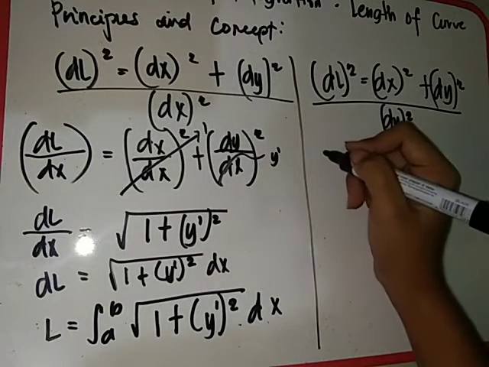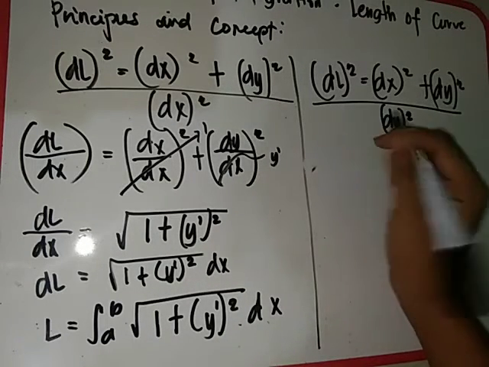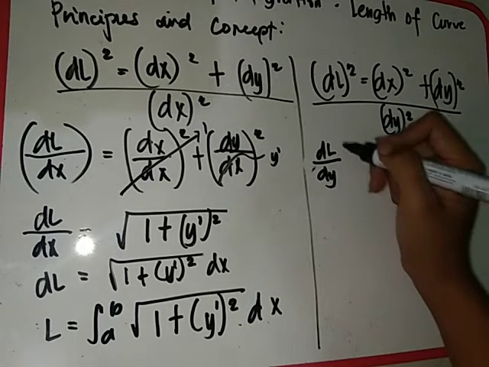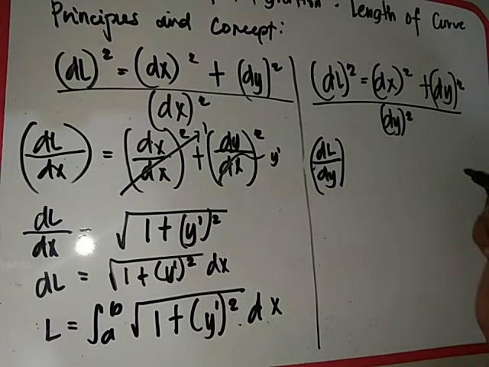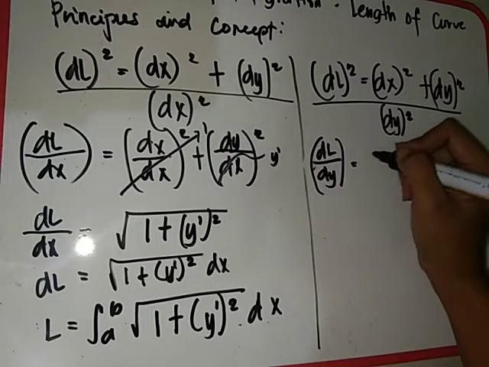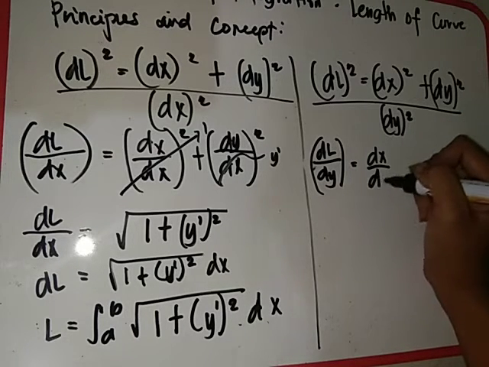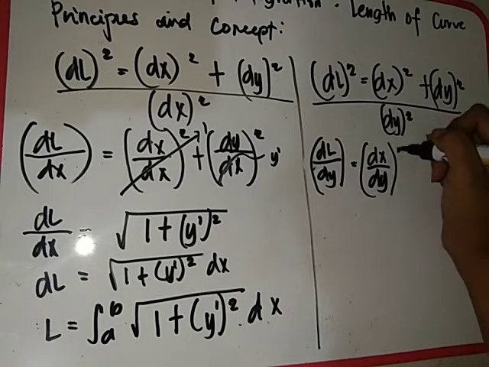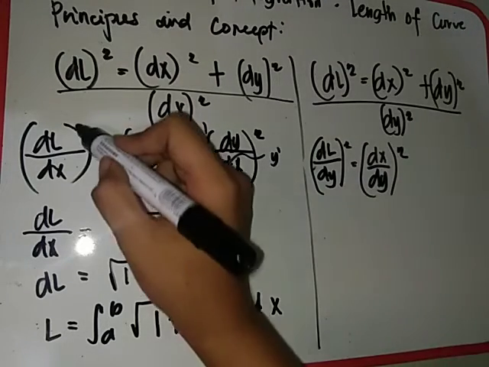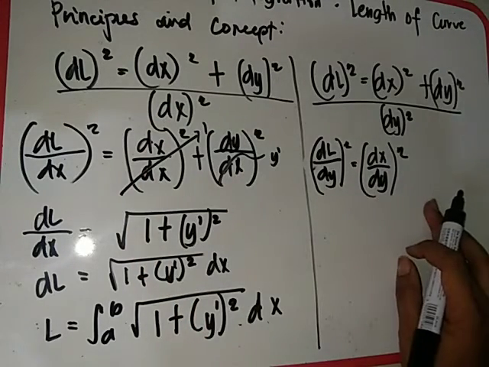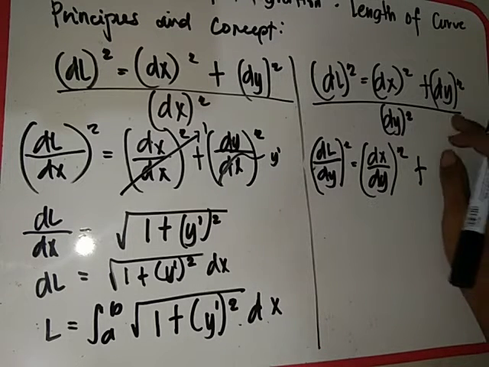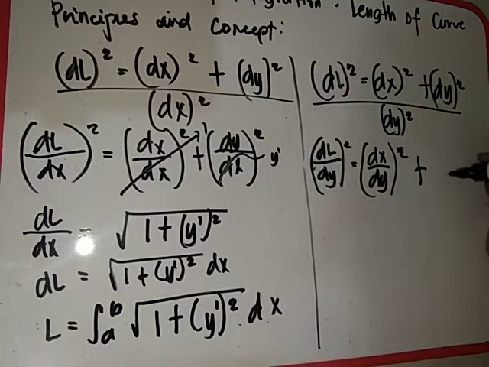We have dl over dy is equal to dx over dy squared plus dy over dy, which is equal to 1.